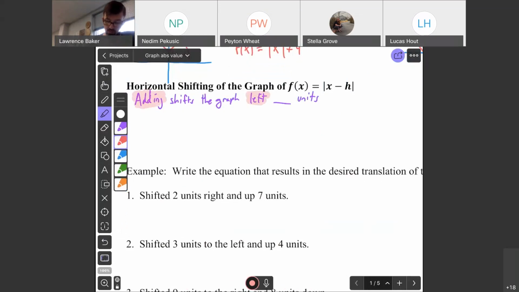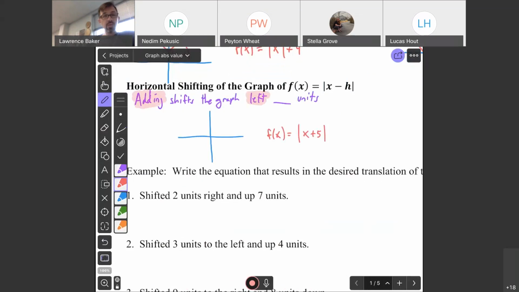Again, just a quick sketch. If we had f of x equals the absolute value of x plus 5, then instead of the vertex being at the origin, it shifts left 5, so it'd be at negative 5, 0.